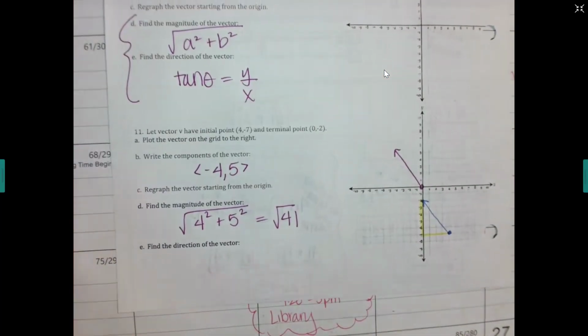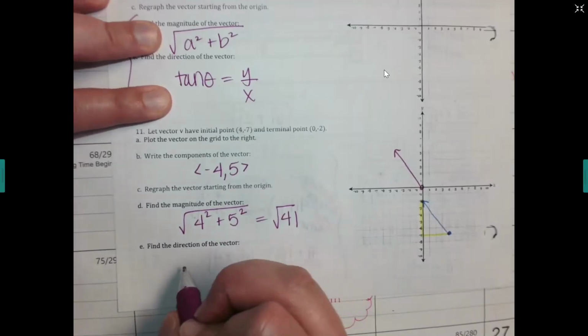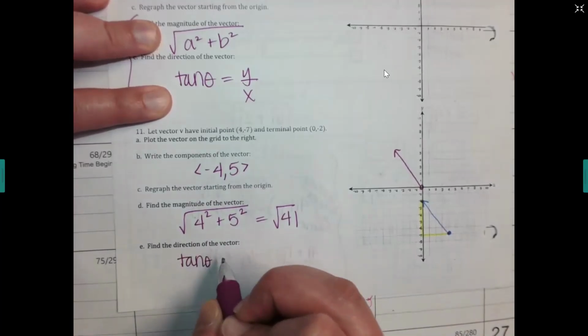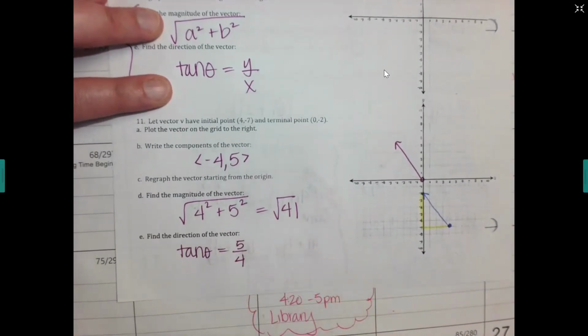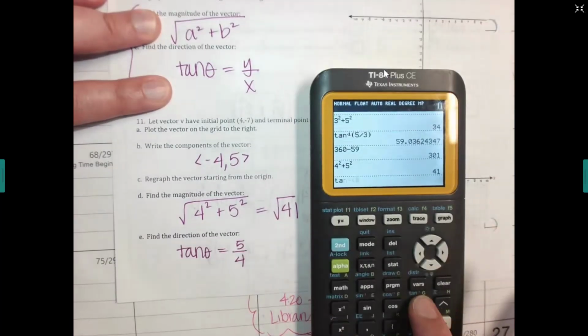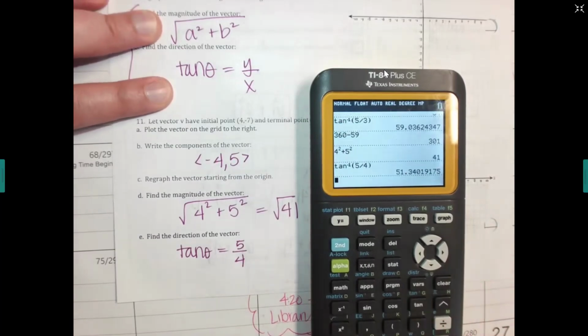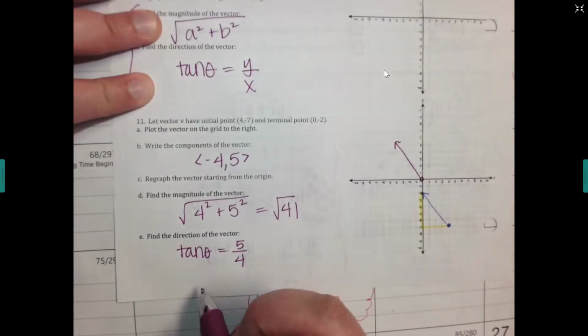I'm going to give you the formulas here in the middle. Okay, but then for this question, my tan theta is going to equal 5 over 4. And then remember, negatives don't count for either one of those. Okay, then in your calculator, you're going to do second tan 5 over 4. So that's 51 degrees.